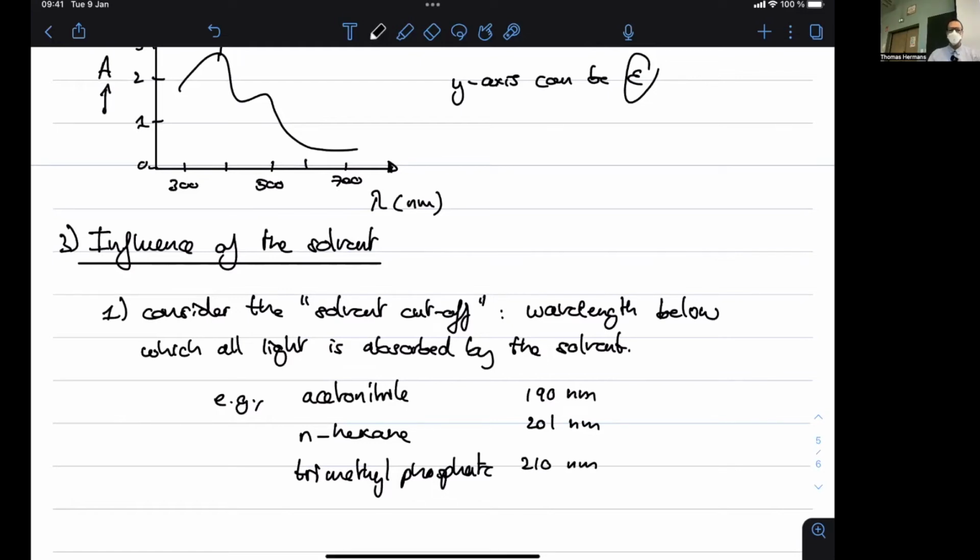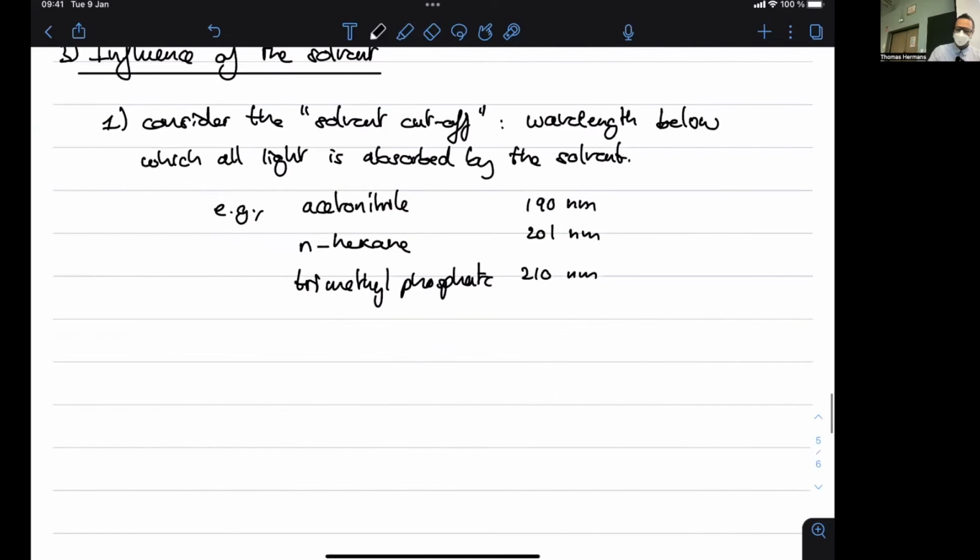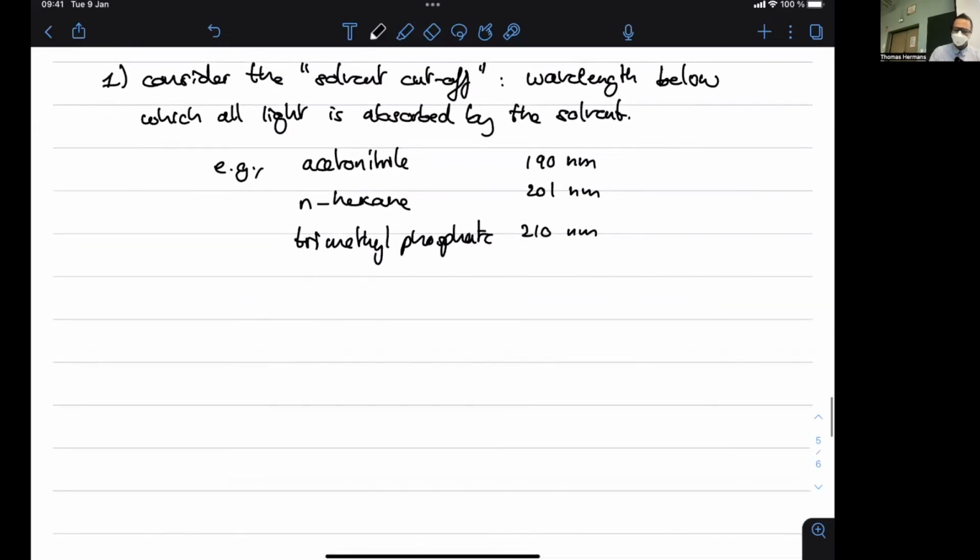So if you are trying to measure an absorbance of a molecule that is at 205 nanometers and you put it in trimethyl phosphate, you can never measure it because your solvent almost always has a much higher concentration than your molecule, right? So if your solvent absorbs your light, then you cannot measure anything. Okay, so that's the solvent cutoff.